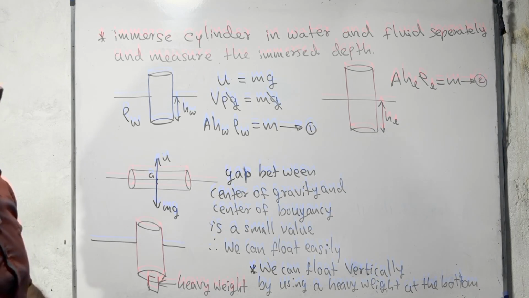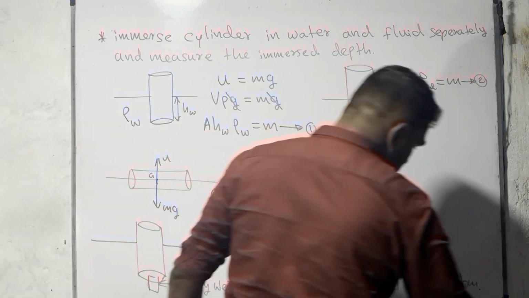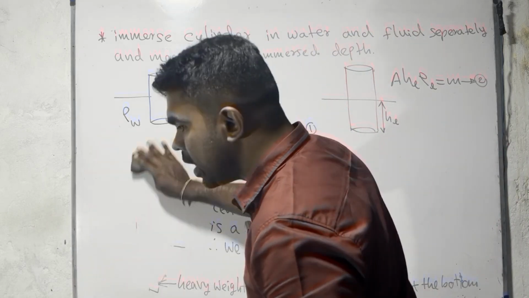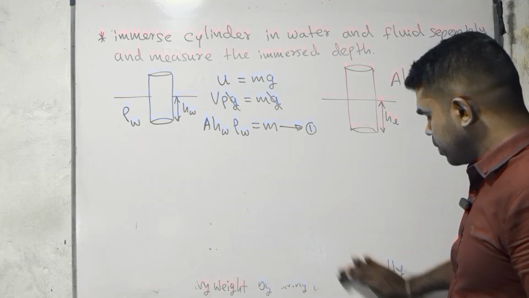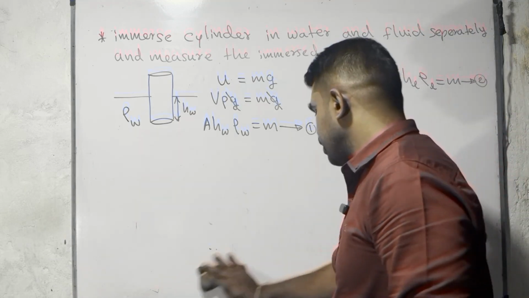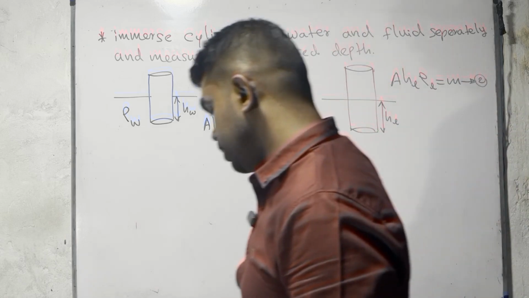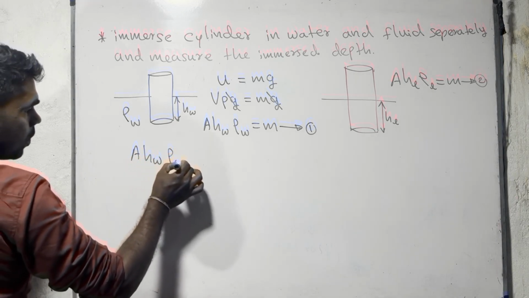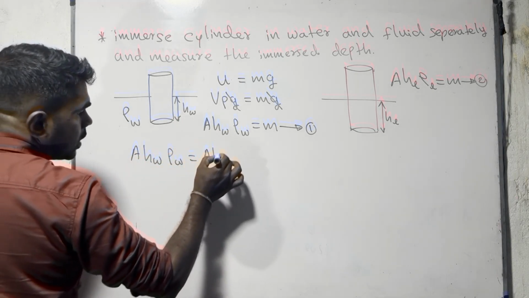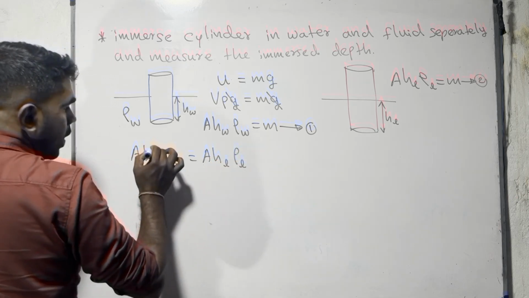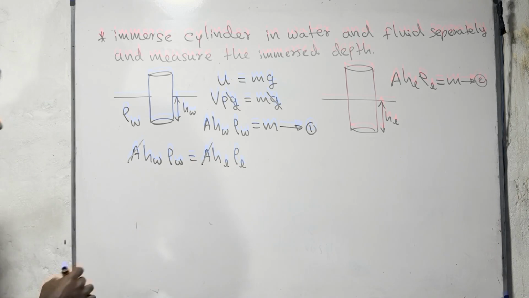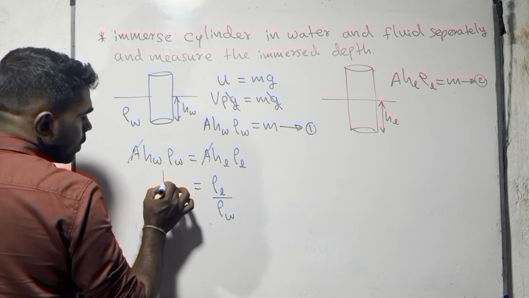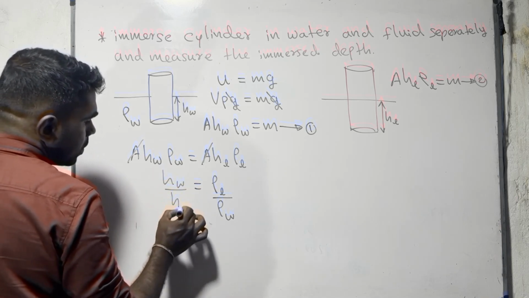Now we can identify there are two equations, right hand sides are same. Therefore, we can equate left hand sides of the two equations, and we can write A HW rho W equals A HL rho L. Then we can cancel out A and A. Relative density means density of liquid divided by density of water. We can make it the subject of that equation.